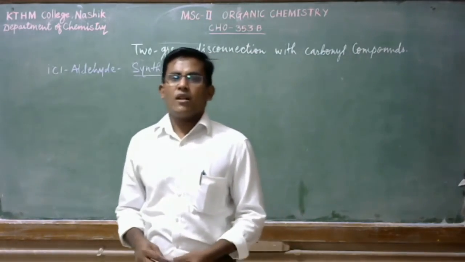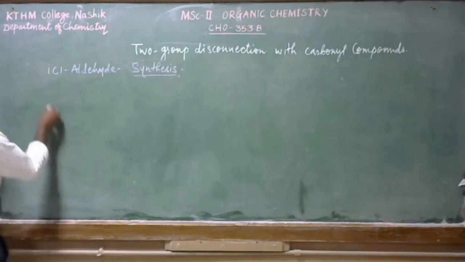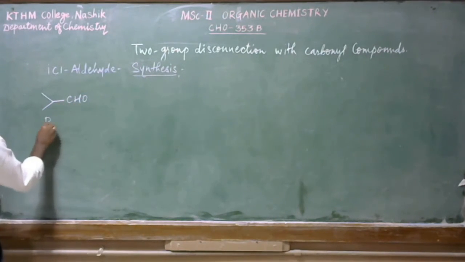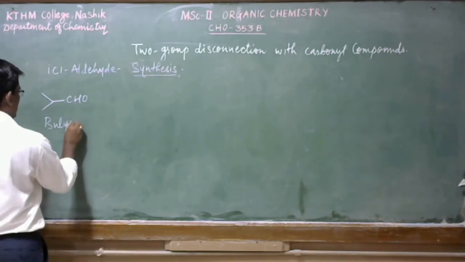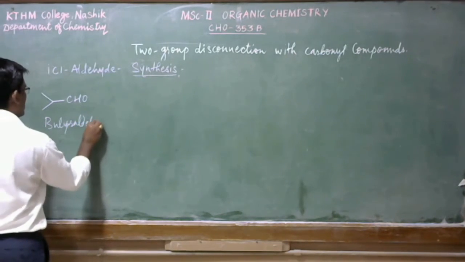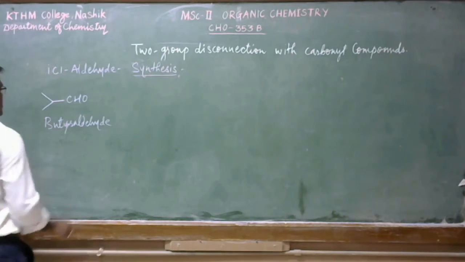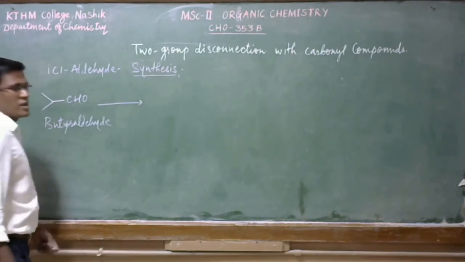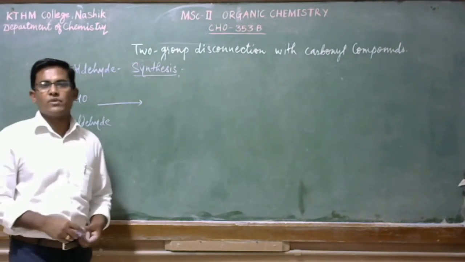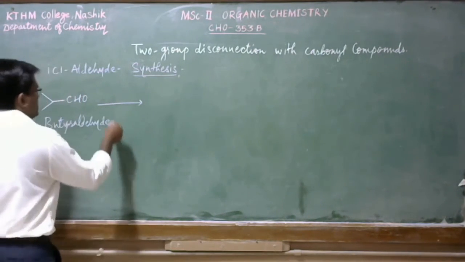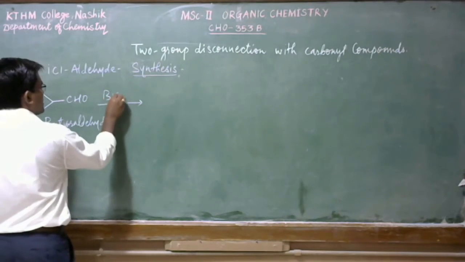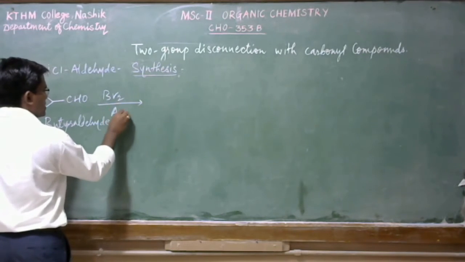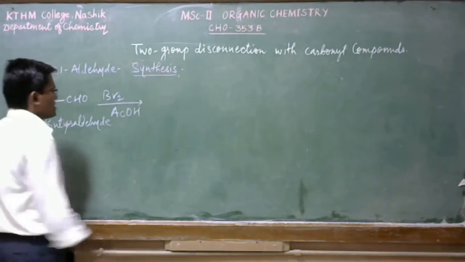So in the end, we have got this starting material, butyraldehyde. This bromo compound, bromocarbonyl, can be generated by treating this aldehyde with bromine in the presence of acetic acid.